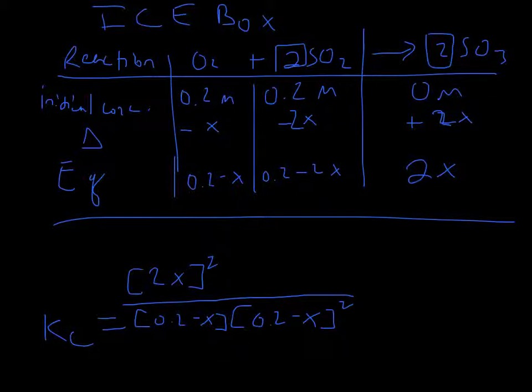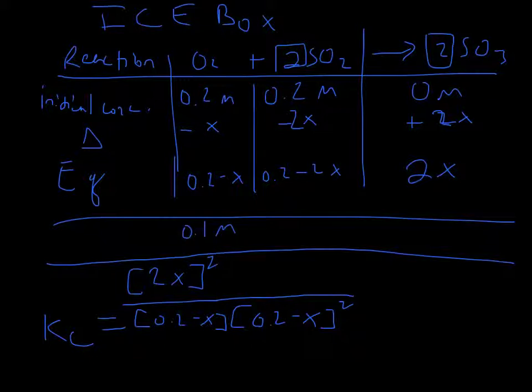But the other thing that might happen is they might tell you, oh, at equilibrium we measured that oxygen had 0.1 mole. So then you know x here is equal to 0.1, and you just plug in, oh, now I have no sulfur dioxide, and 0.1 mole of oxygen and 0.2 moles of SO3.